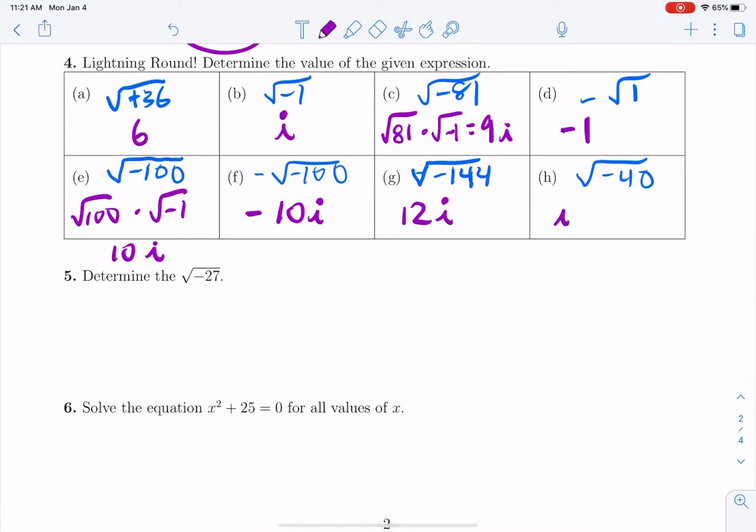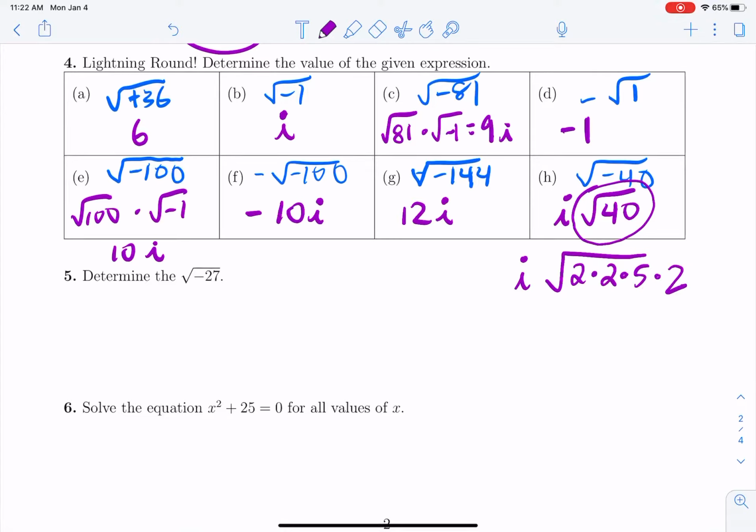All right, square root of negative 40. Now, we could say that it's i square root of 40. But from previous units, we can see that I can actually simplify that square root of 40. So I'm going to write i on the outside times the square root of 2 times 2 times 5 times 2.